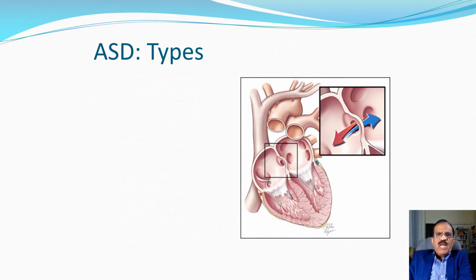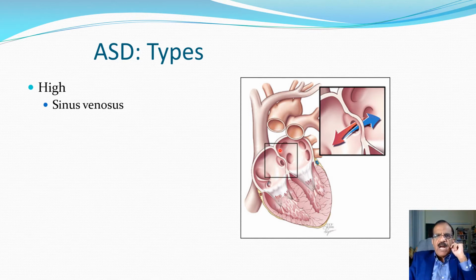There are some types. First of all, the defect could be anywhere. If it is in the upper part, and this picture actually does not show, but if you imagine this may be pulmonary vein and this may be the systemic vein, if there is abnormal communication between two atria in the upper part, it could affect the septum as well as the veins, and that is called sinus venosus.